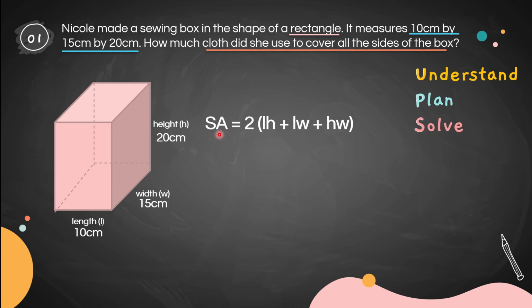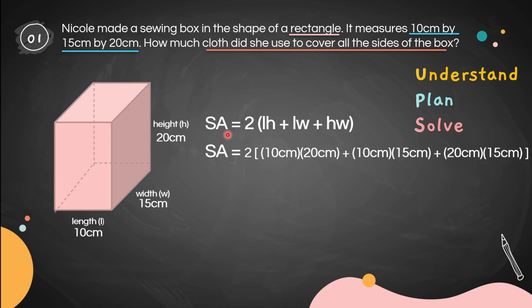To find the surface area, we have the formula 2 times the quantity of length times height plus length times width plus height times width. So substitute the given measurements in the formula. Our length is 10 centimeters, height is 20 centimeters, plus length 10 centimeters, width 15 centimeters, plus the height 20 centimeters and the width 15 centimeters.